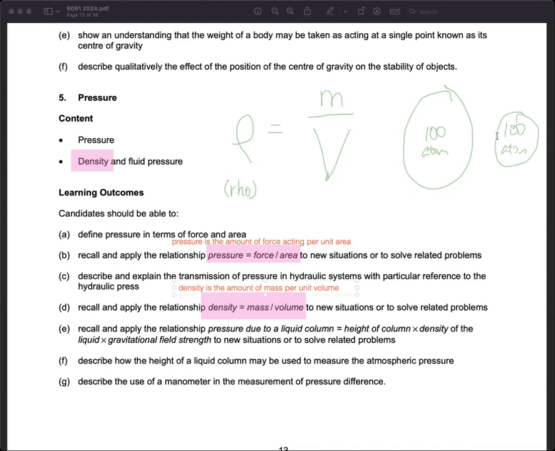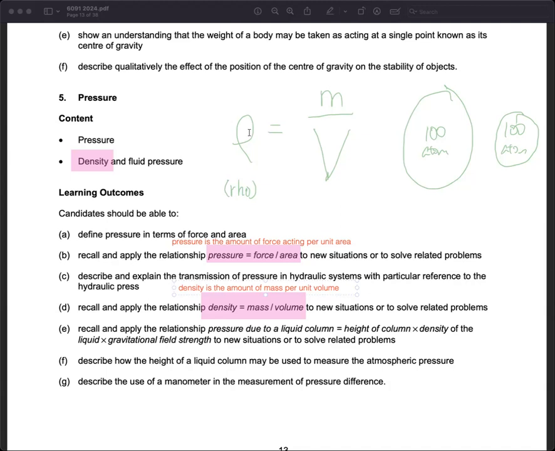Whereas the same 100 atoms are packed in a smaller space, a smaller volume. So can you expect that the density of this is actually greater? Can you see that? If the mass is the same, the greater the volume, the smaller the density, the less packed the substance is.